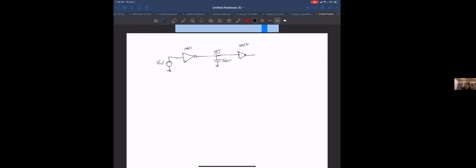This node is called int for interconnect. This is Vout. All the measurements happen around this guy. This guy and this guy are acting as a load for that input.